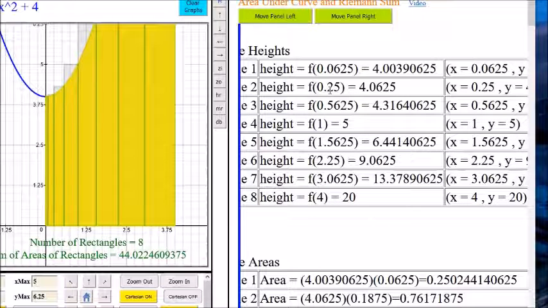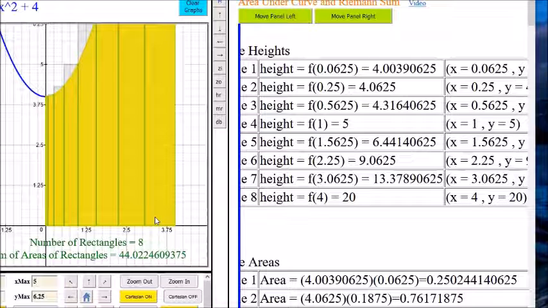And so when x is 0.25, y is 4.0625. So this point right here is the point 0.25 for the x and 4.0625 for the y, and that would be the height of the second rectangle. And then similarly for the other 6 rectangles, these are the heights of the other rectangles.